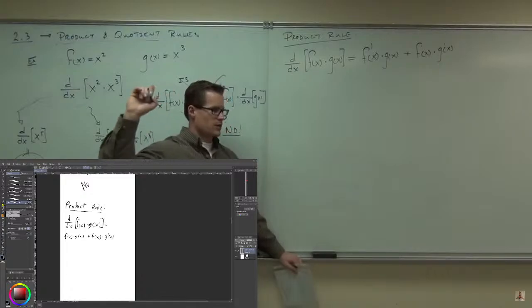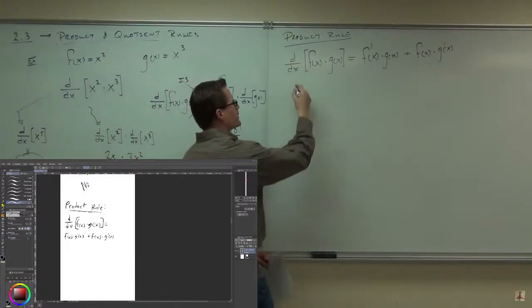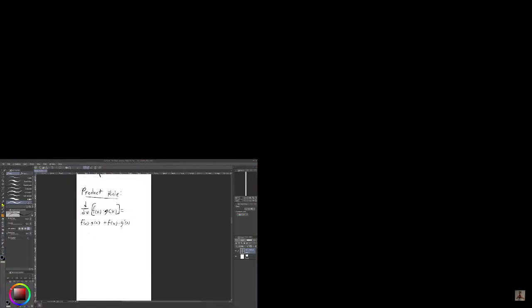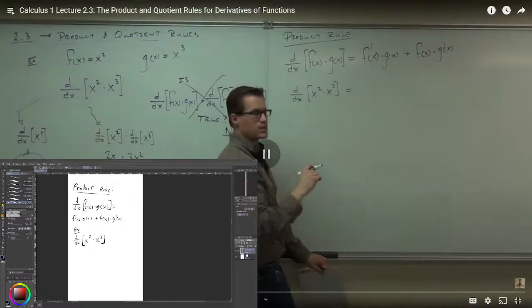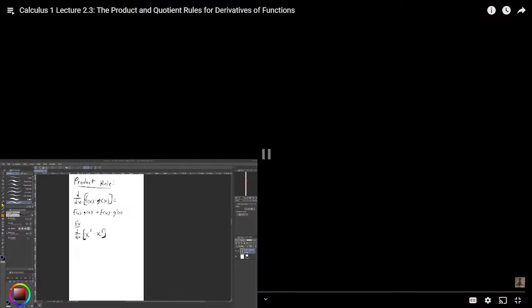By the way, would it work for over here? Let's check real quick just to verify, okay? So d/dx of x squared times x cubed. Again, we're supposed to end with 5x to the fourth, right? If we do this, watch what the product rule says to do. It would be 2x times x cubed plus x squared times 3x squared.